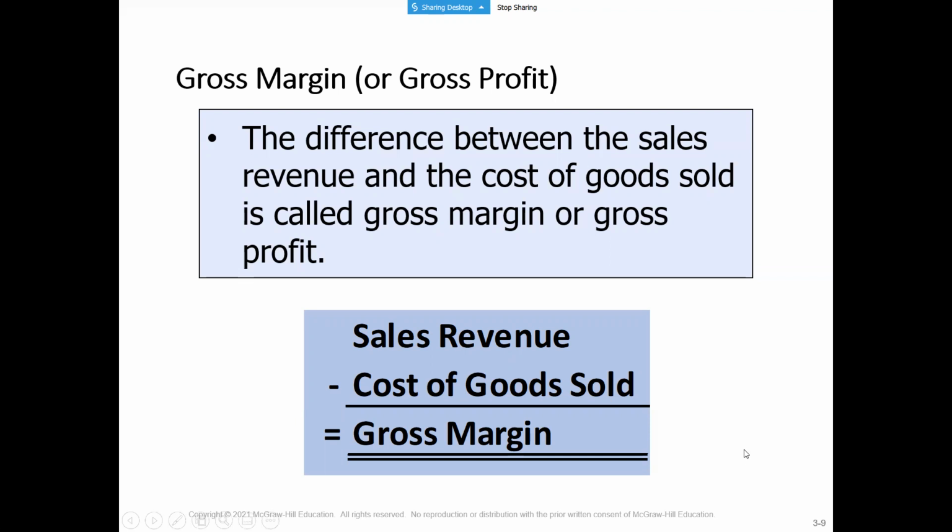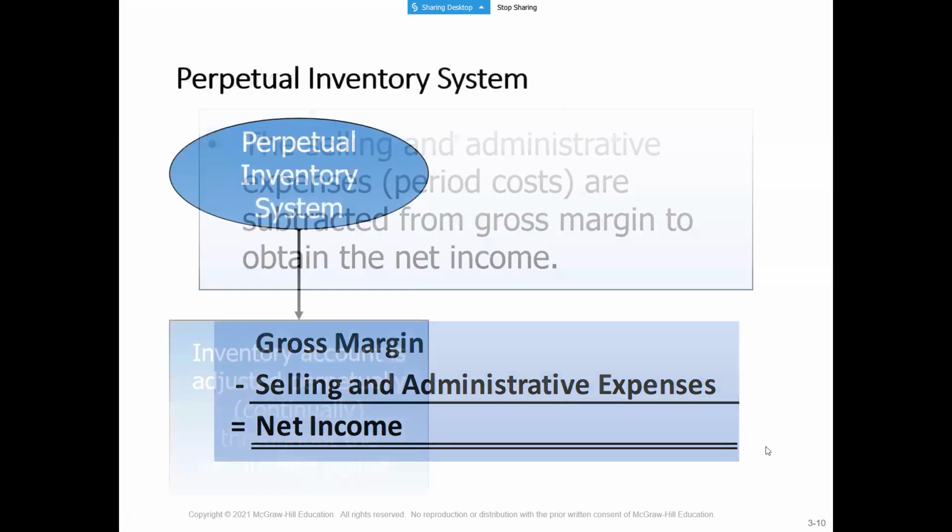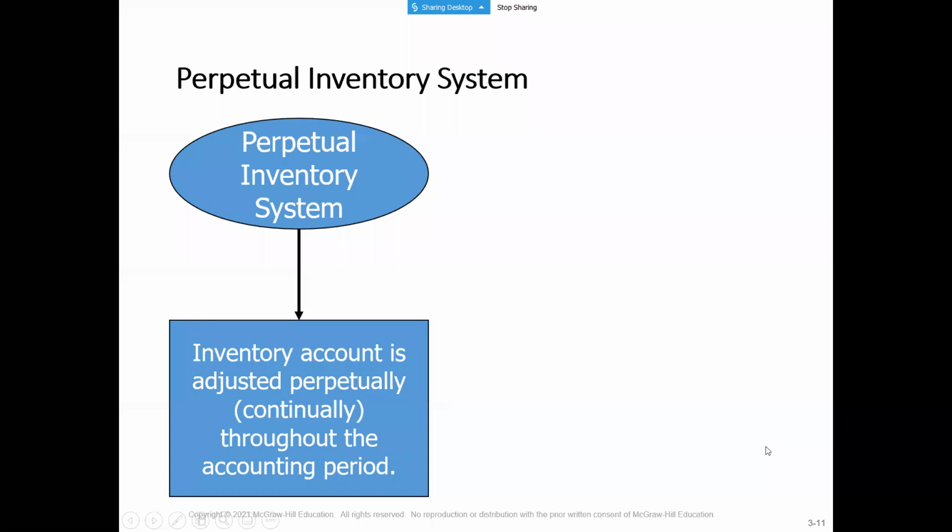If you don't have a positive figure here, there's something wrong with the business. So from gross margin, selling and administrative expenses are subtracted, which will then yield net income. So our income statement would have some additional subtotals involved rather than the income statements we'd seen from chapters 1 and 2.